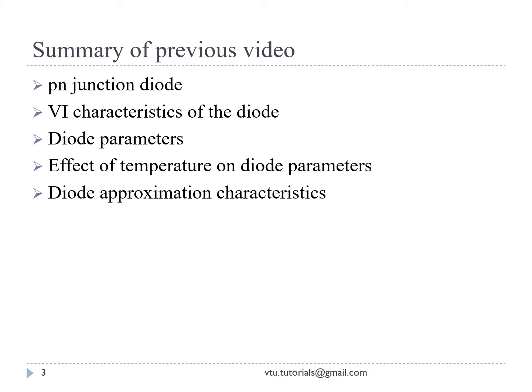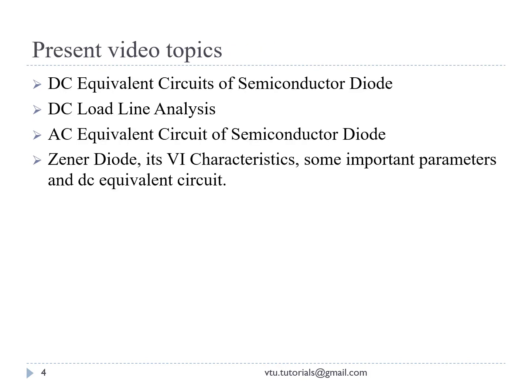So in this video, we are going to study the DC equivalent circuit of a semiconductor diode, how to construct a DC equivalent circuit, and why we need a DC equivalent circuit.